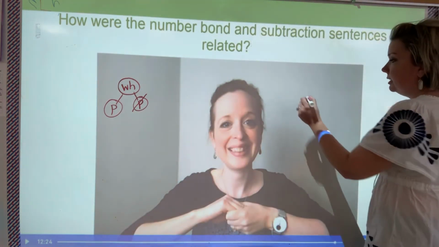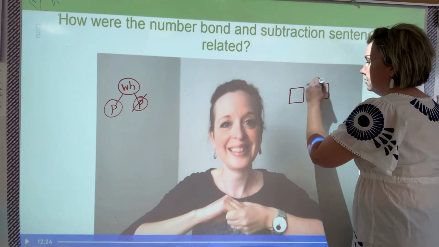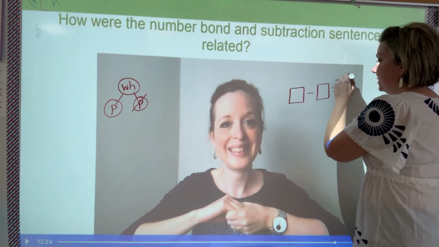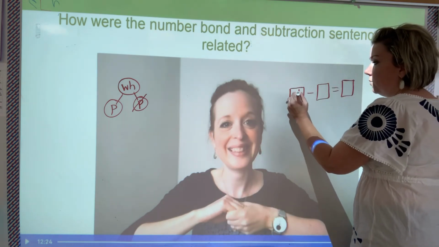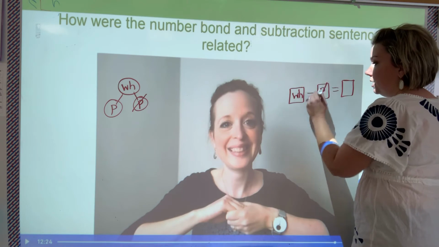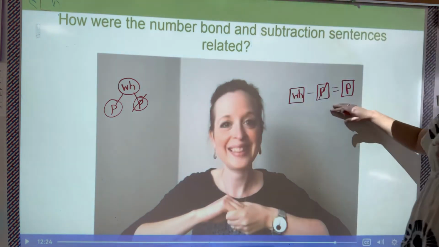And in our number sentence, we have our mystery boxes, and we're just taking those same parts of the number bond, the whole, the part, and the other part, and we're just putting it into a number sentence.